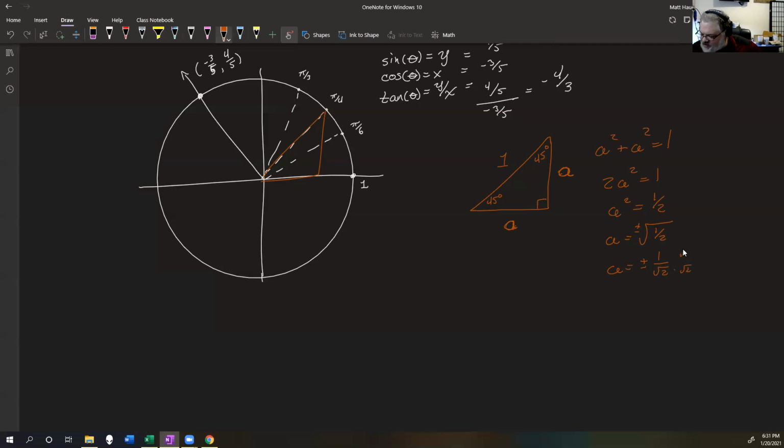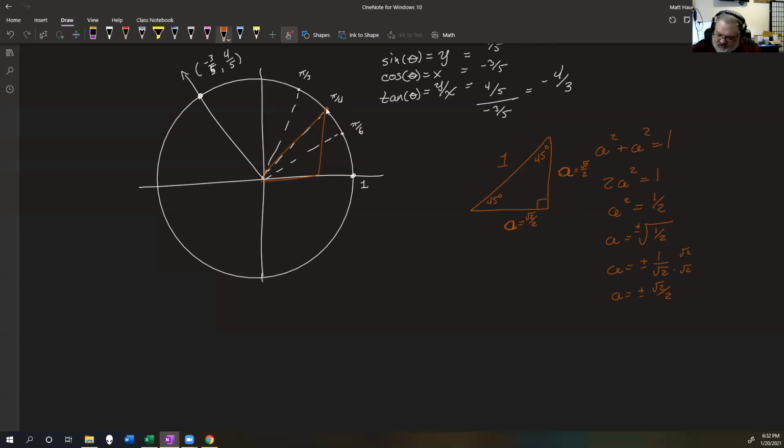And you would even go so far as to rationalize that, right? Because you're nice and polite. So in our triangle, these side lengths turn out to just be a nice square root of 2/2. A nice solvable value.